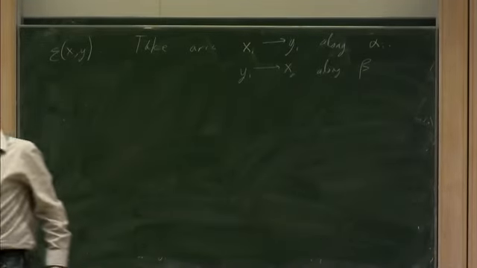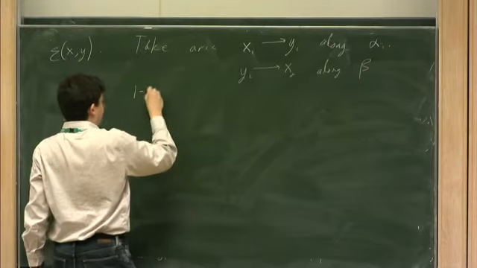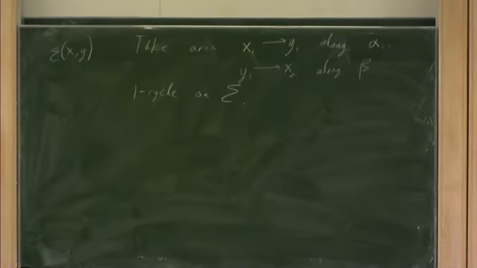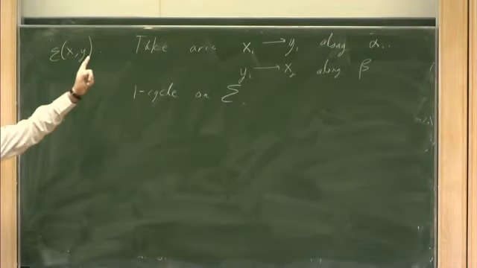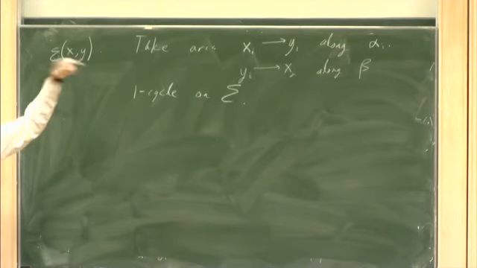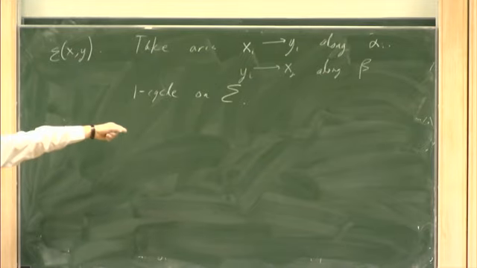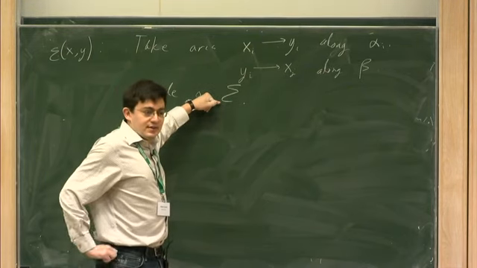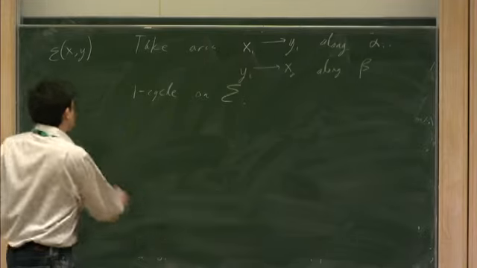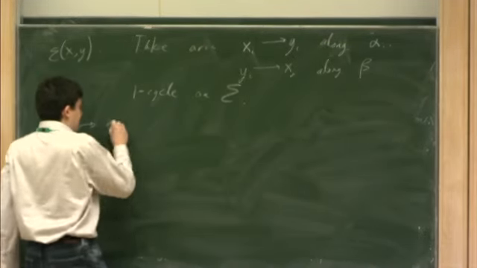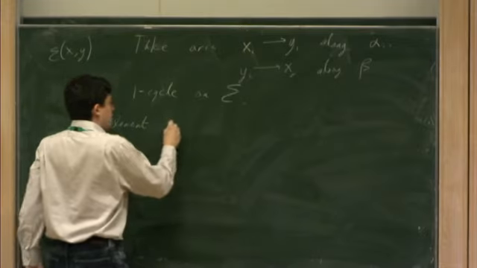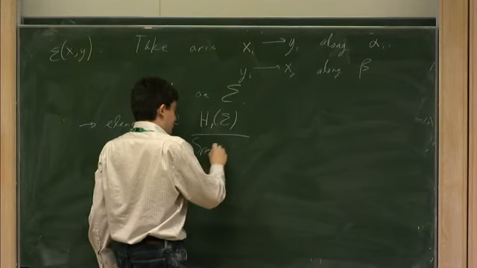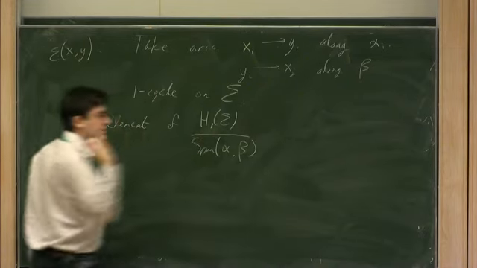Okay, so this is going to be a one-cycle on sigma, which is defined up to, now there are lots of choices here, right? I could take those paths up to multiples of the alpha and beta circles. Okay, so this is going to give a well-defined element of H1 of sigma mod the span of the alpha and the beta circles.